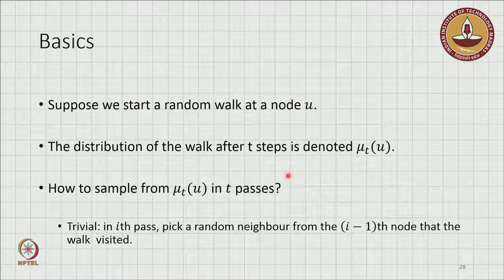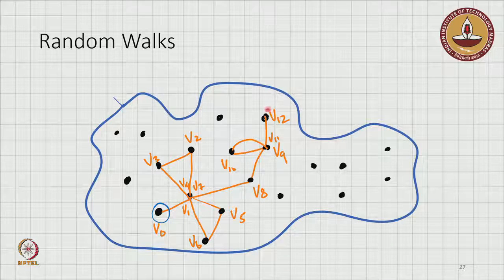It can be one of many nodes. So in this example that we saw, after 12 steps we reach V12. But if you were to run this random walk again, maybe it would have reached this vertex, or this vertex, or it would have come back to V0 itself.